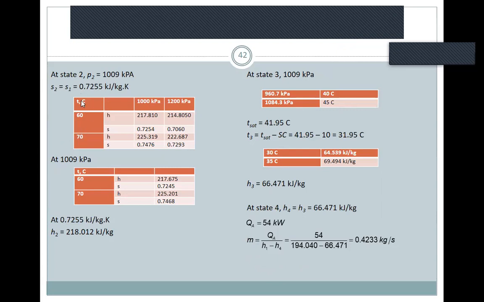So, ang available mo is 1,000 and 1,200. So, at 1,009, interpolate mo ito. Ito, ang enthalpy entropy mo. Huwag ka na gumawa ng volume. So, at 0.7255 kJ per kilogram K, interpolate mo ito, entropy. At this entropy, interpolate mo, H2 is equal to 218.012. Huwag mo na kunin yung temperature. At 3, 1,009 kilopascal.